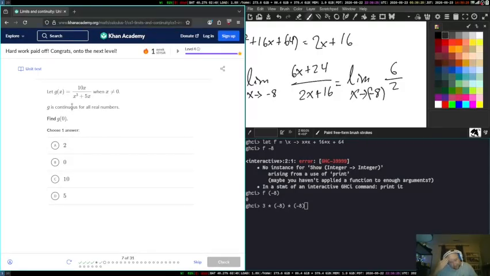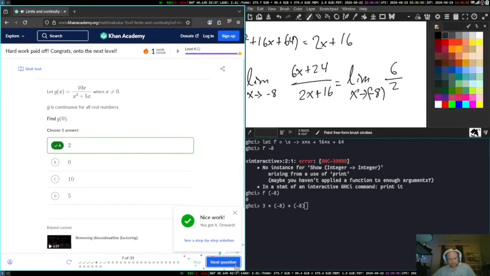I just kind of want to graph this function. Oh, we can just cancel x out of the bottom. And you would get 10 divided by (x squared plus 5). 10 divided by 5, that's going to be 2, right? Okay.